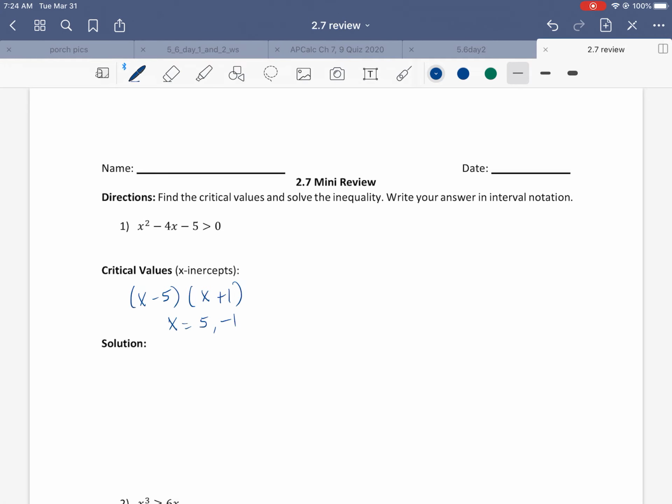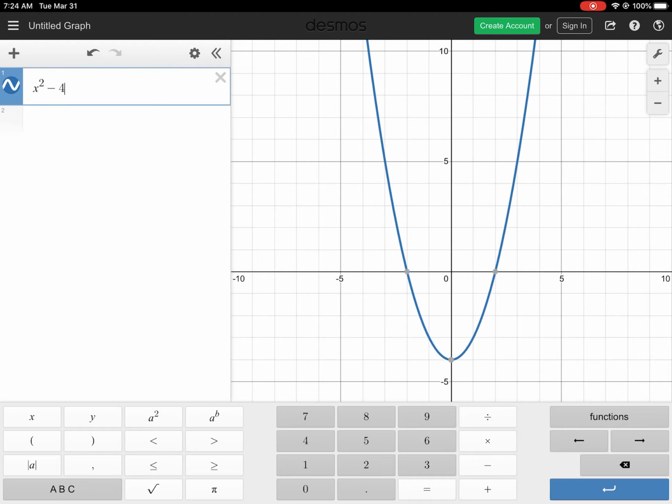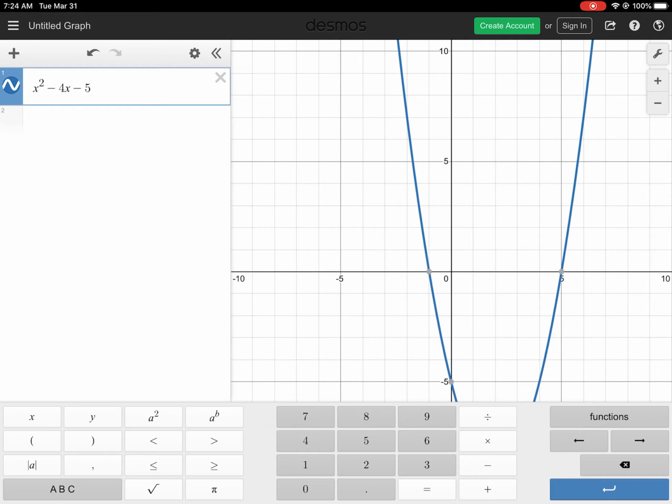The other thing I encourage you to do, once it is set equal to 0, put it in your graphing calculator or Desmos. So x squared minus 4x minus 5. Right, so there's our graph. And the inequality wants to know, where is it greater than 0? In other words, where is the graph positive? Visually, we can see it.